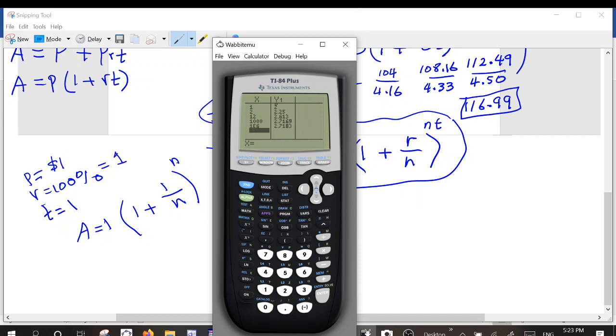So Bernoulli noticed that no matter how big this n is, the value of A would be limited to this number. And this number is the famous number called e. So when n goes to infinity, the value of your money, if you have $1 invested, goes to number e, 2.718.